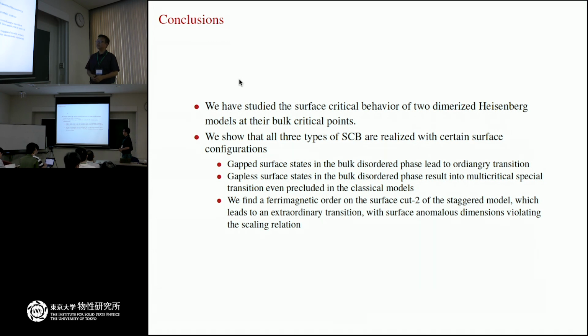And we find a very magnetic order on the surface of the staggered model, which leads to an extraordinary transition with surface anomalous dimensions violating the scaling relation. I think I have no time to do the second part. So thank you for your attention.